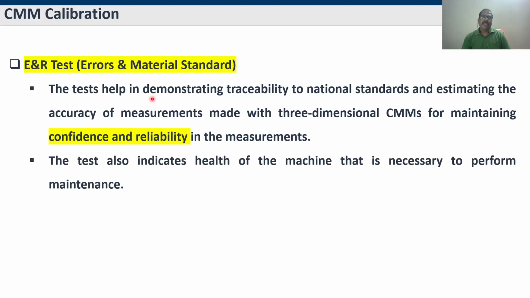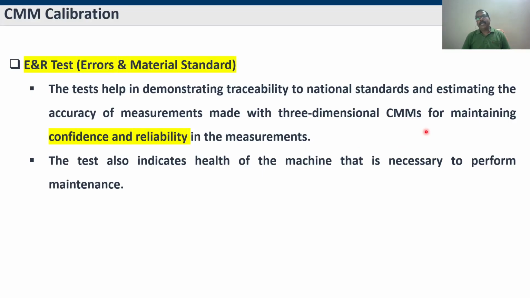This test helps in demonstrating traceability to national standards. In the first unit itself we discussed what is meant by traceability to national standards. So this ER test will help in demonstrating traceability to national standards and estimating the accuracy of the measurements made with the three-dimensional CMM, for maintaining confidence and reliability in the measurement.